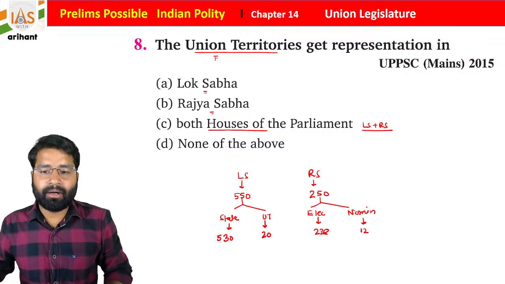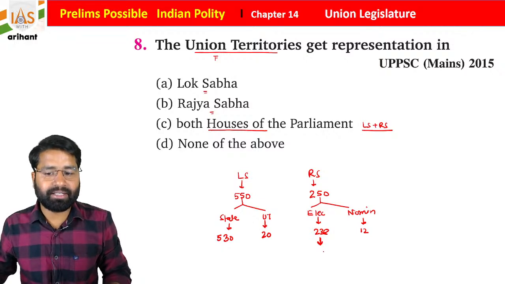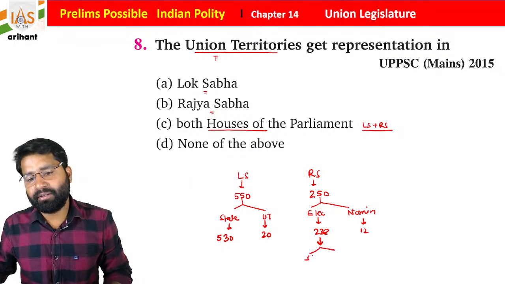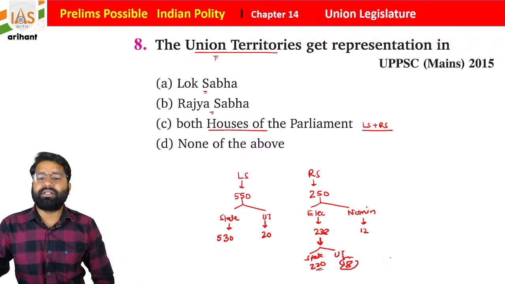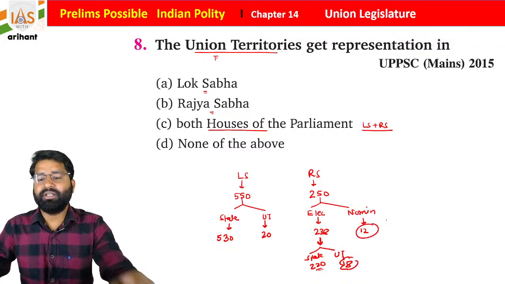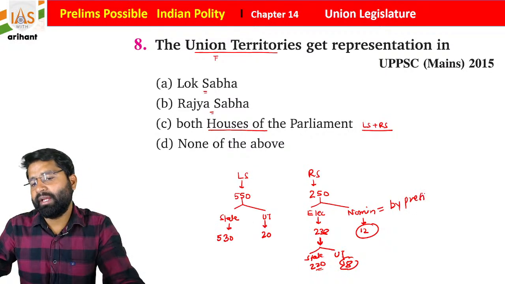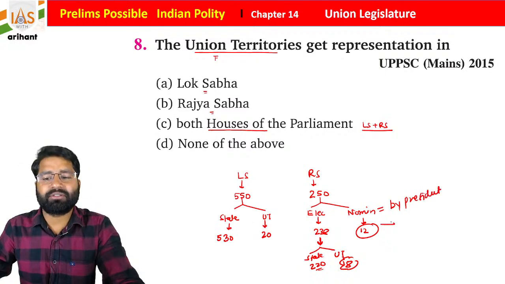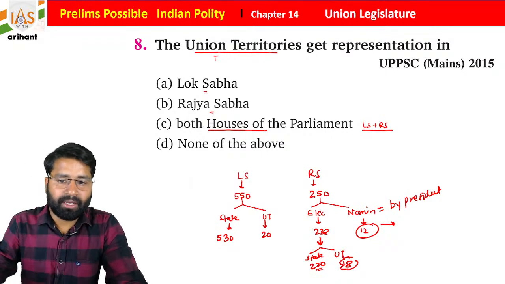For the Lok Sabha, there are 530 seats for the states and 20 seats for the union territories. For the Rajya Sabha, out of 238 elected seats, 220 seats are for the states and 18 seats are for the union territories. Nomination is done by the President, and they must belong to fields like art and science.